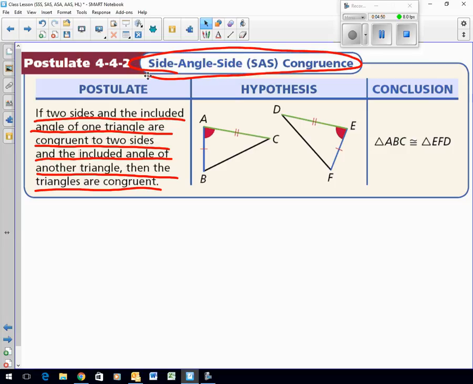So that's 2 side lengths, but I add with it the included angles of A and E. Those angles are congruent, and the side lengths that make them are congruent to each other. The two triangles are congruent. That is my conclusion. Moving on.